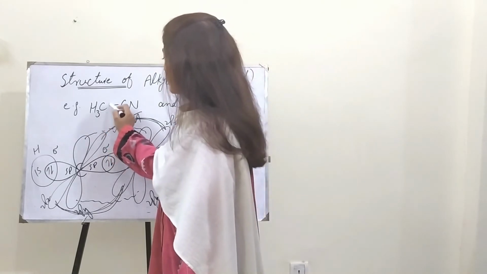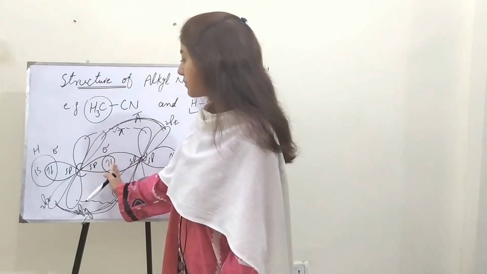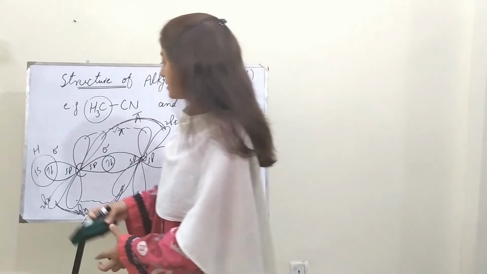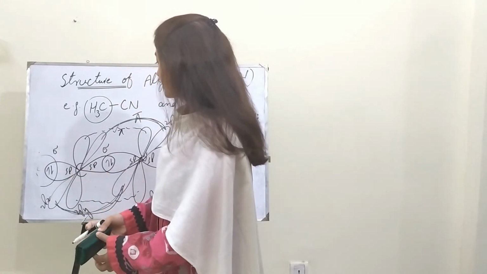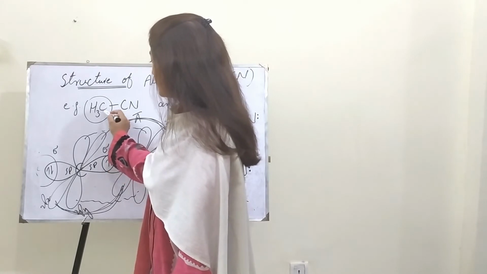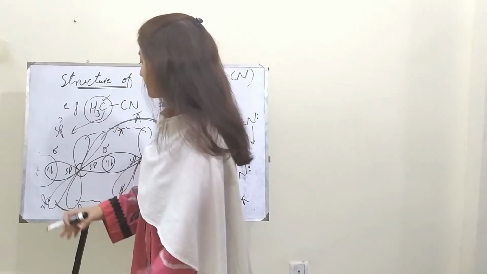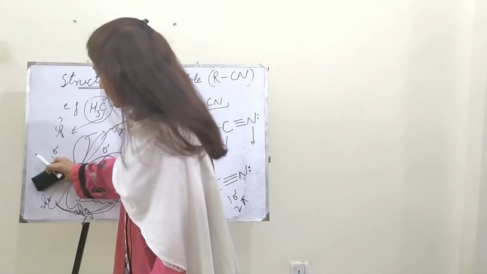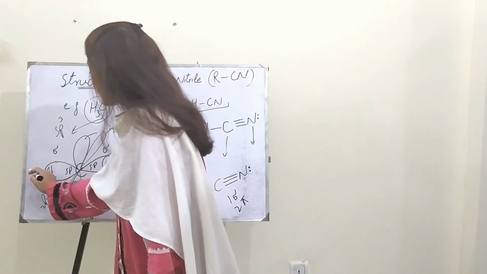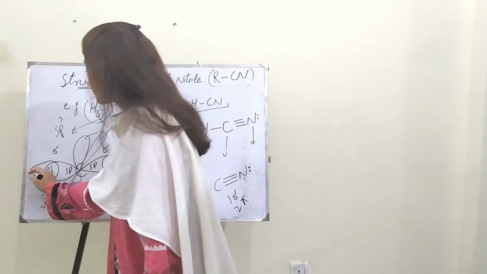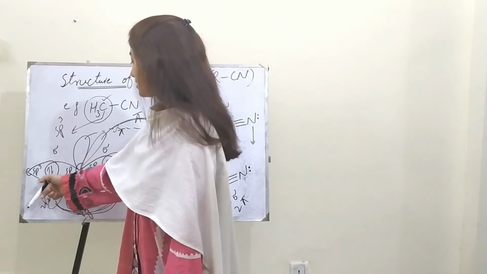But in the case of this methyl nitrile, all the story remains the same, except here this sp hybrid orbital of the carbon overlaps with the sp3 hybrid orbital of this carbon atom. So in this case, there would be another sp3 hybrid orbital of the carbon atom.